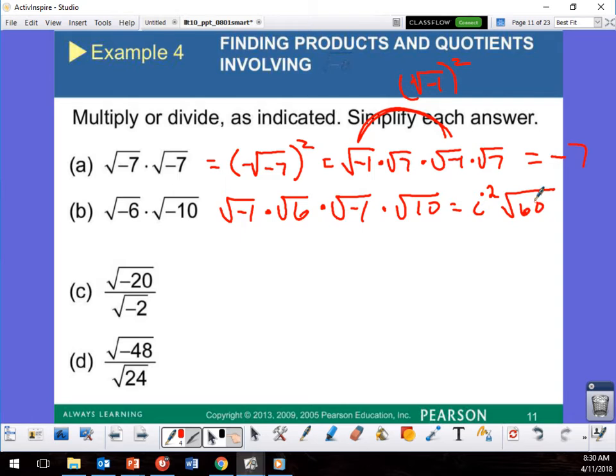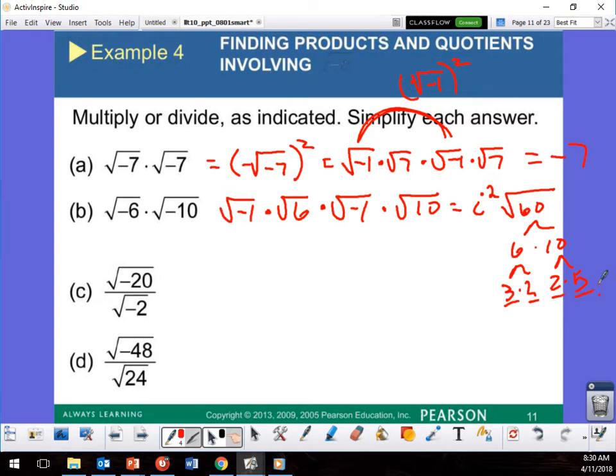Now, can we factor 60? That's going to be 6 times 10. That breaks down to 3 times 2 and 2 times 5, right? I factored it into the prime factors. So I broke it down as a factor tree this time. Last time I broke it down going directly sideways, but now I'm breaking down each one. So the prime factors are 3, 2, 2, and 5.